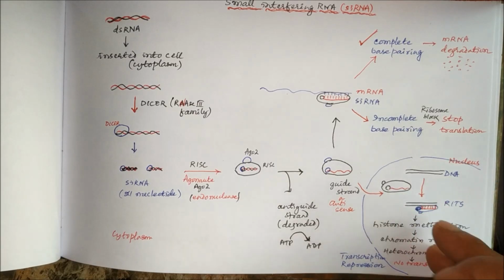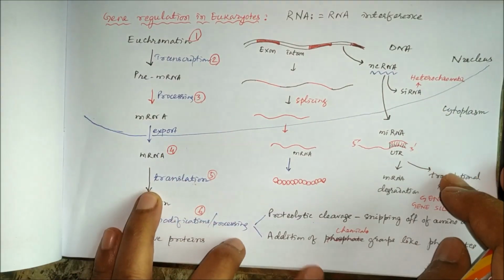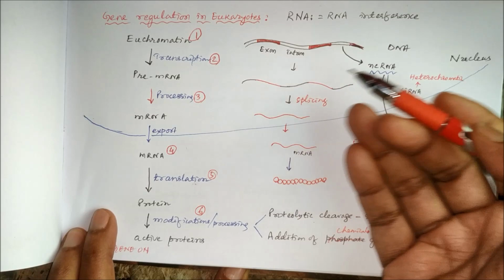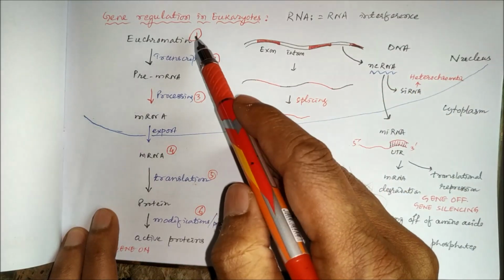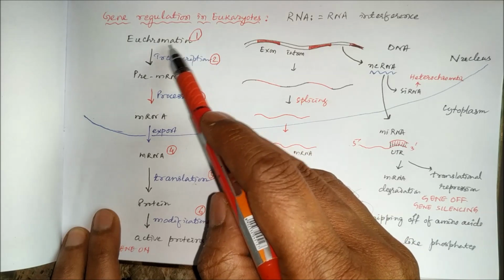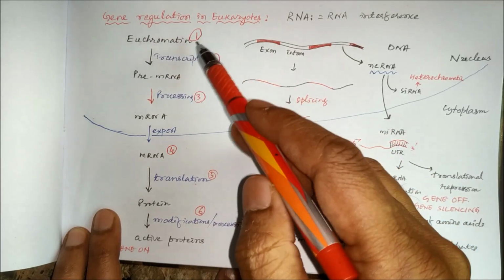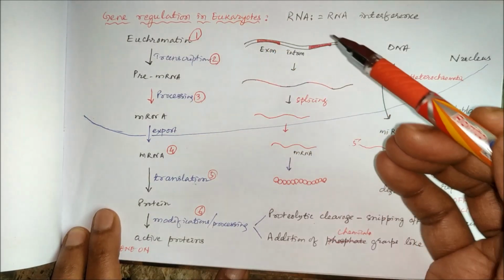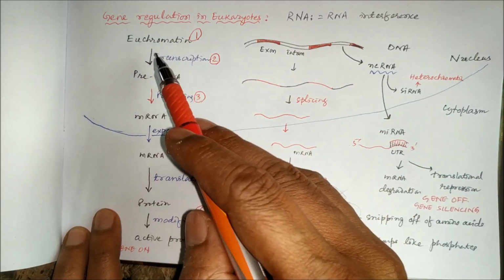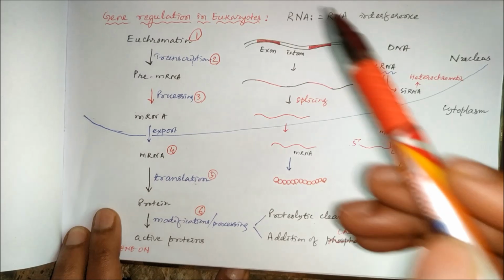So we can see in any eukaryotic cell there are 6 targets where the gene regulation can be there, and siRNA mainly targets this target 1, where this euchromatin will be further condensed to heterochromatin because of the proteins activated by siRNA, and there will be no transcription.